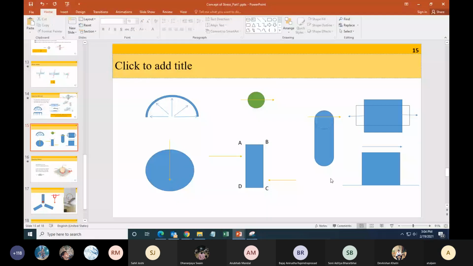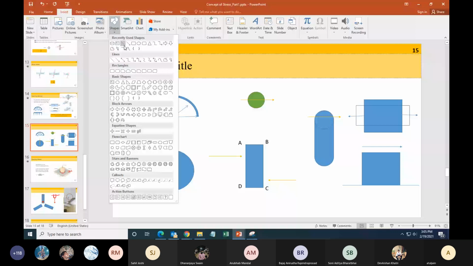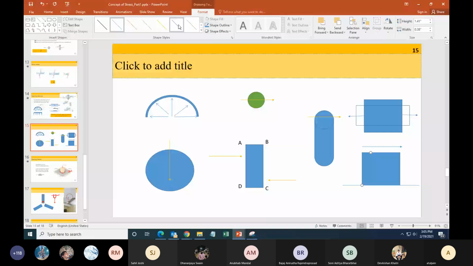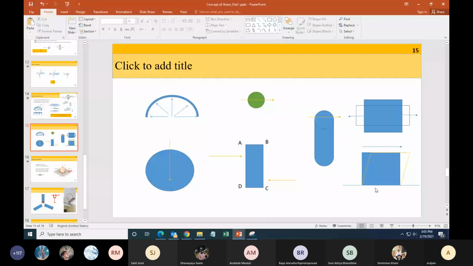Most likely, it will go like this. This is change in shape. This is shear, this is normal. Is it clear now? Yes, sir.